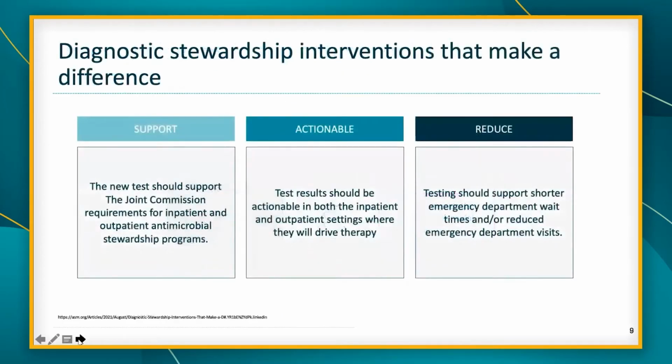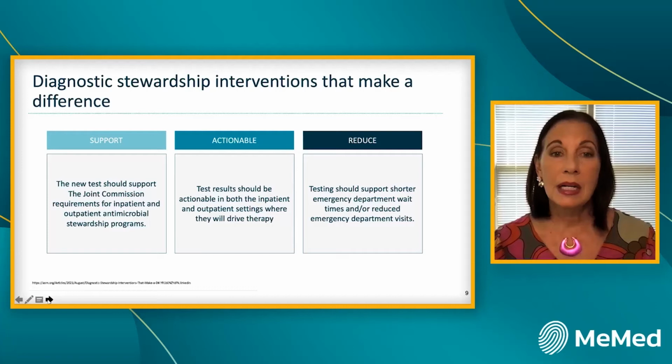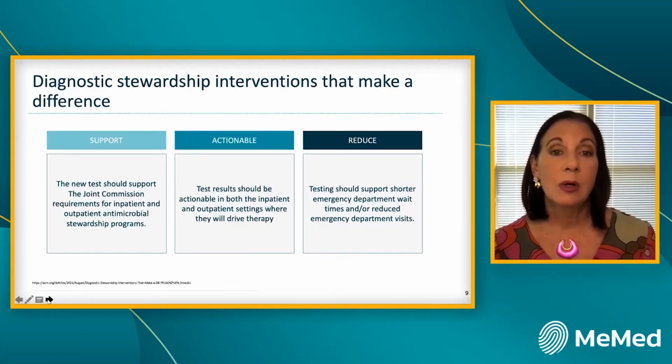So this is a new paper by microbiologist Donna Wolk, Diagnostic Stewardship Interventions That Make a Difference. If you're looking at implementing a new diagnostic test, it should support the Joint Commission requirements for both inpatient and outpatient stewardship. Can the test be used in both, or is it so complex or so expensive that the only role for it is in the hospital setting?